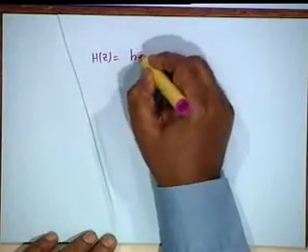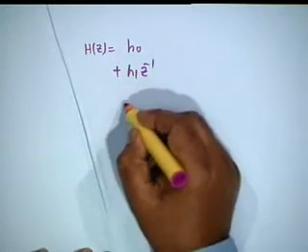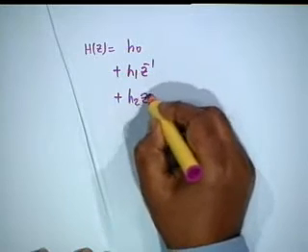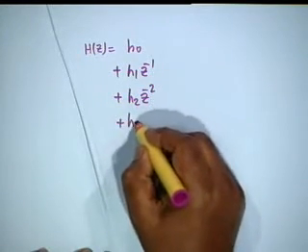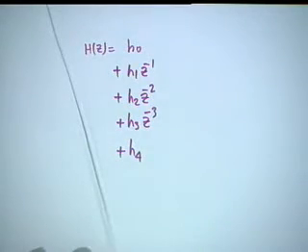And if we write the transfer function, our transfer function would be H(z) equal to h0 plus h1 z inverse plus h2 z to the minus 2 plus h3 z to the minus 3 plus h4 z to the minus 4.